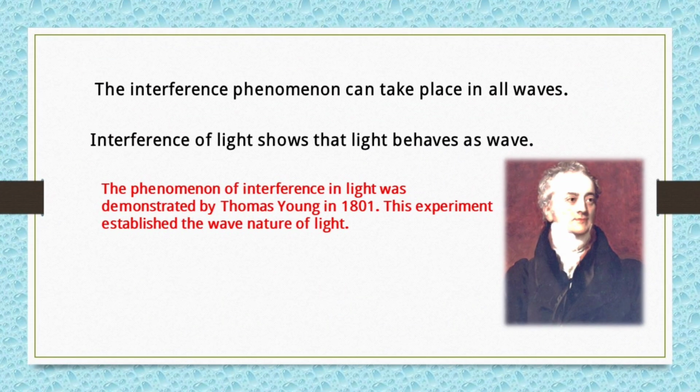The interference phenomenon can take place in all waves. Interference of light shows that light behaves as a wave. The phenomenon of interference in light was demonstrated by Thomas Young in 1801. This experiment established the wave nature of light.